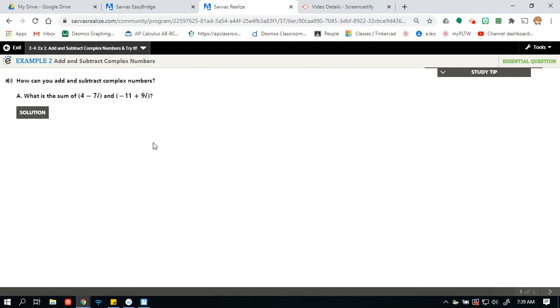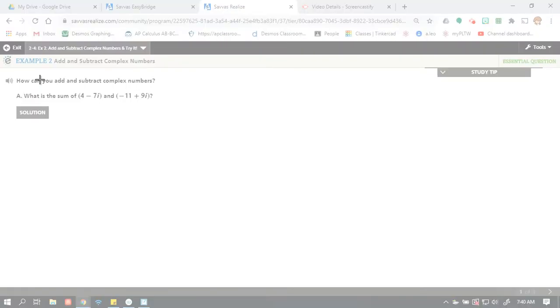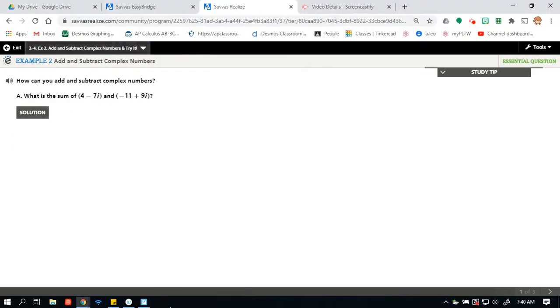So example 2, we're going to start looking at how to add complex numbers, how to subtract complex numbers. There are specific ways of doing multiplication and division, but addition and subtraction are usually just like adding and subtracting numbers with variables in them.